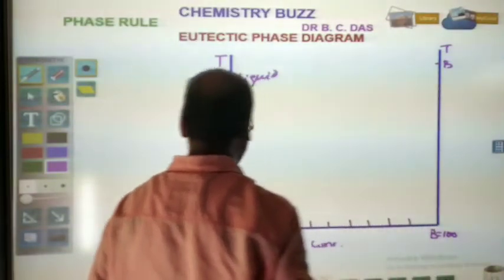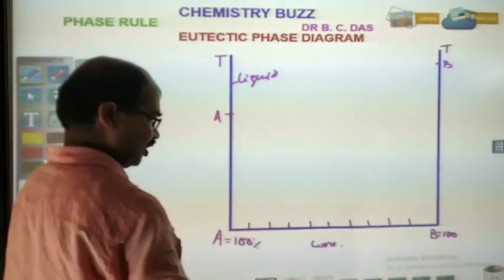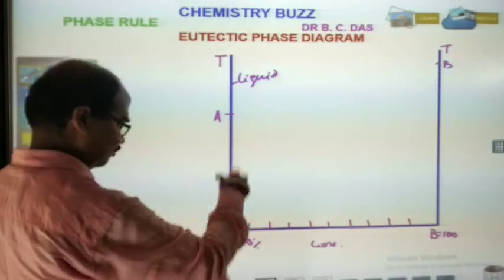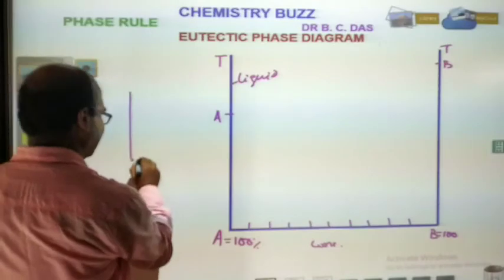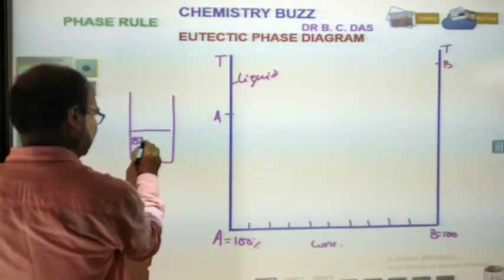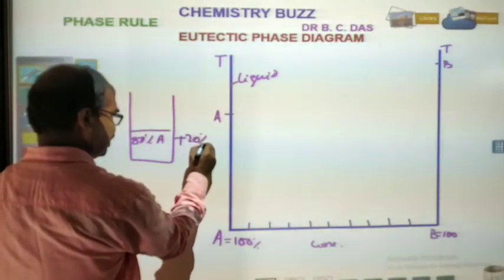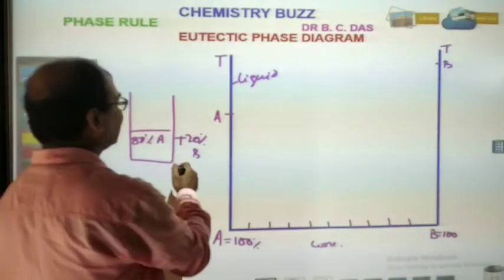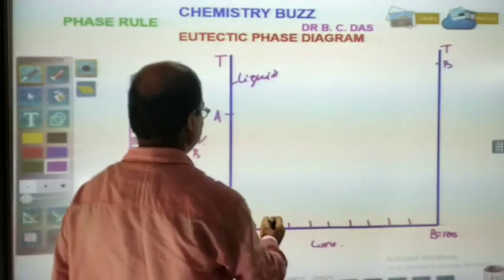Now let us take different percentage compositions and study their melting points. Say in a container we have taken 80% A plus 20% B, then it is heated to a very high temperature.